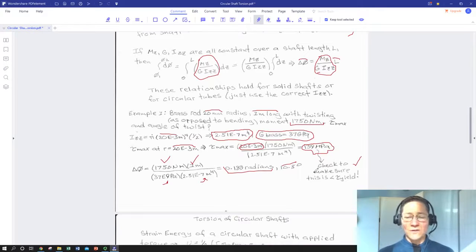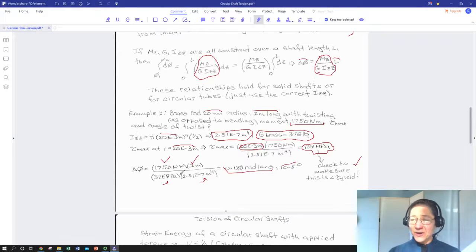You can check that conversion on the radians to degrees, but if that's indeed 10 degrees, I would be maybe cautious about this, because that's a little bit much for a small angle. Probably still valid, but it might not be quite as accurate. So in that case you would maybe want to use a bigger safety factor and be conscious of things like buckling, which we'll discuss later.